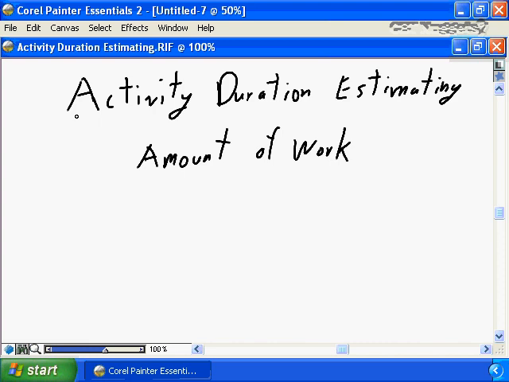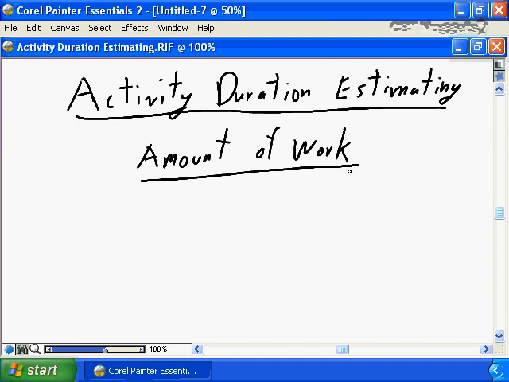The next step in project schedule development is activity duration estimating. In other words, identifying the amount of work that is required to complete the project. Unlike resource estimating, which was focused on the goods, the services, and materials, the duration estimating is focused on the team. The amount of work the team must put in to each work breakdown structure element to allow the project to complete.